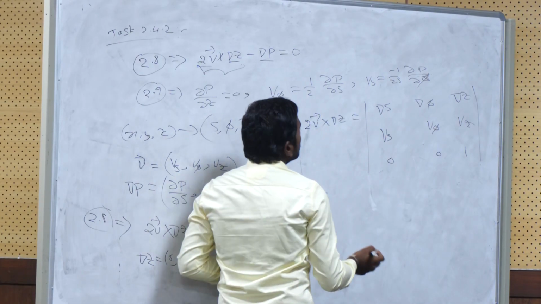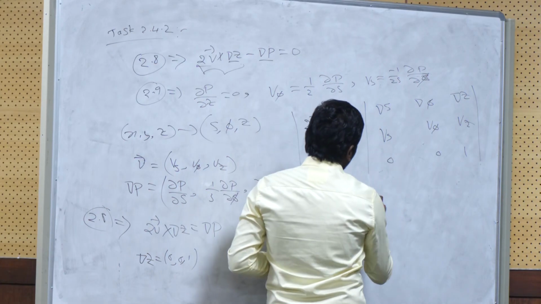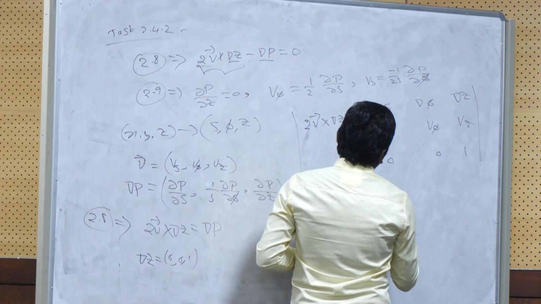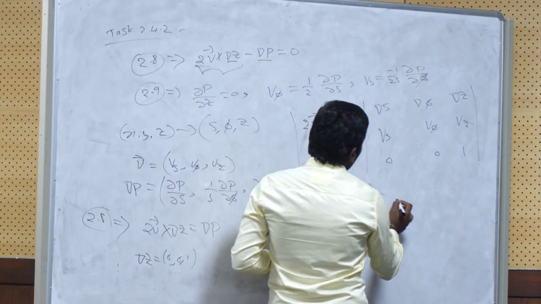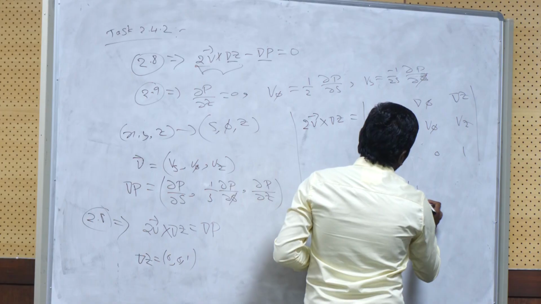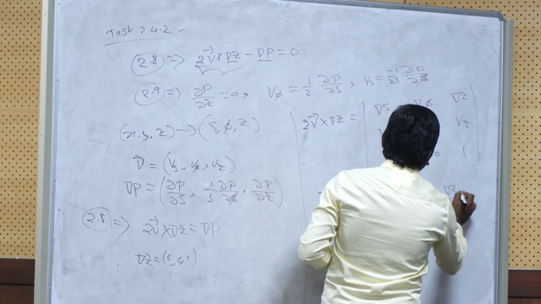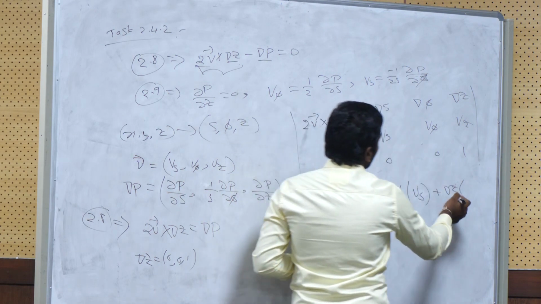Let's calculate: del s times v phi, minus del phi times vs, plus del z times 0.